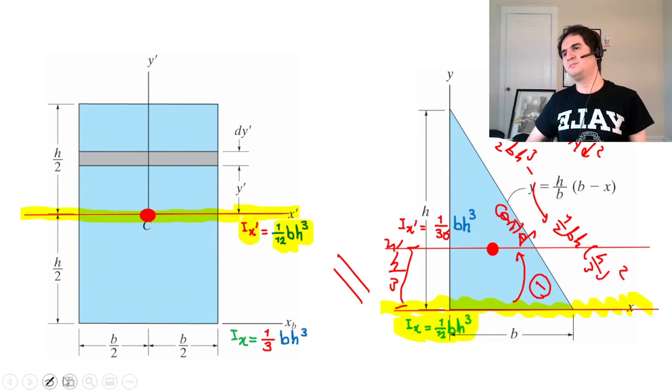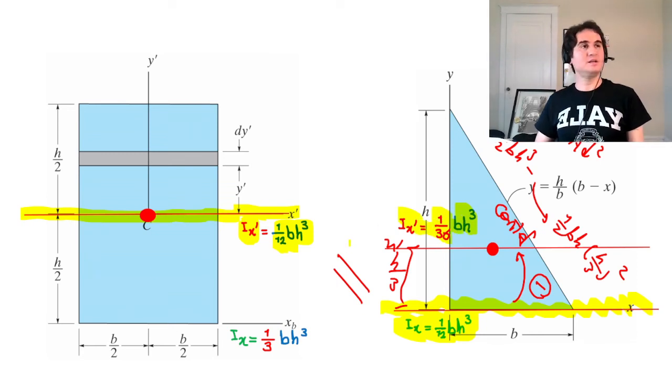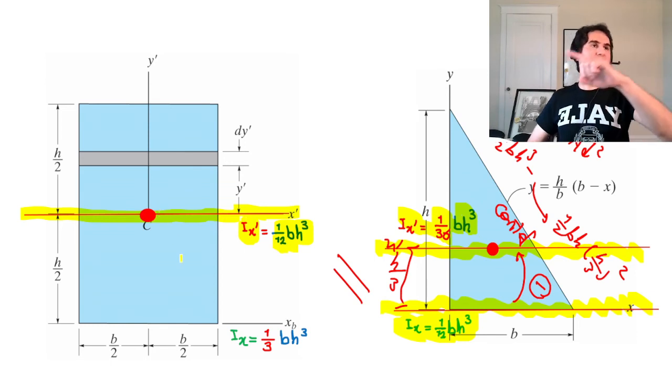And if you do the math, it gives you Ix prime is equal to one thirty-sixth bh cubed, which you can see is far smaller than the moment of inertia for the rectangle.